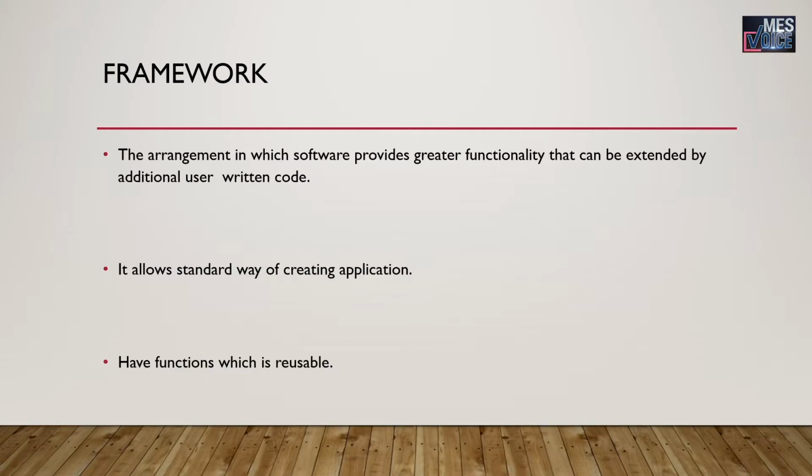The next point is that a framework allows a standard way of creating applications. The framework provides a standard because its flow is also standard, and only through that can we develop the project.